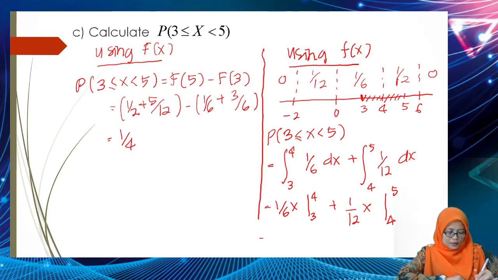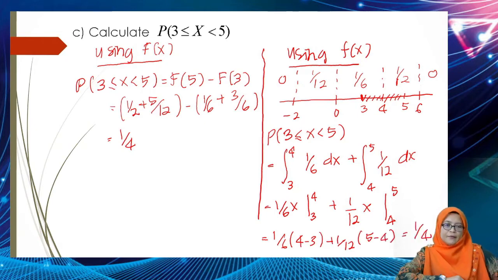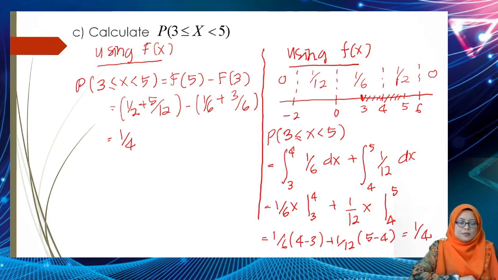Okay, so ganti 1 over 6, x is 4 minus 3 plus 1 over 12, 5 minus 4. So simplify, awak akan dapat jawapan yang sama, 1 over 4. So it's depend lah, mana yang you rasa lebih senang dan lebih simple.